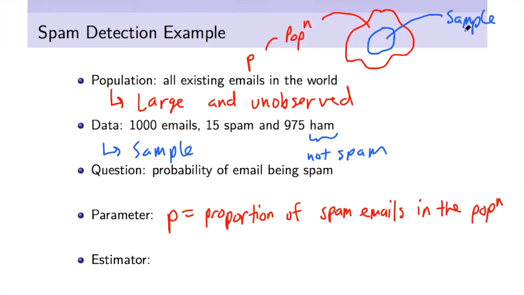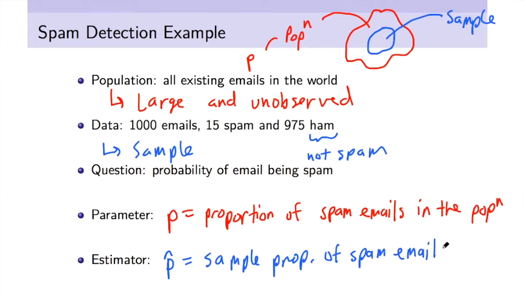So let's see what we can do with the sample. From the sample, we can construct an estimator, which is a statistic, which is a function of the sample that is informative about P. It's not too hard to think about what a good estimator in this case would be. The estimator in this case could be P hat, and P hat is a sample proportion of spam emails.